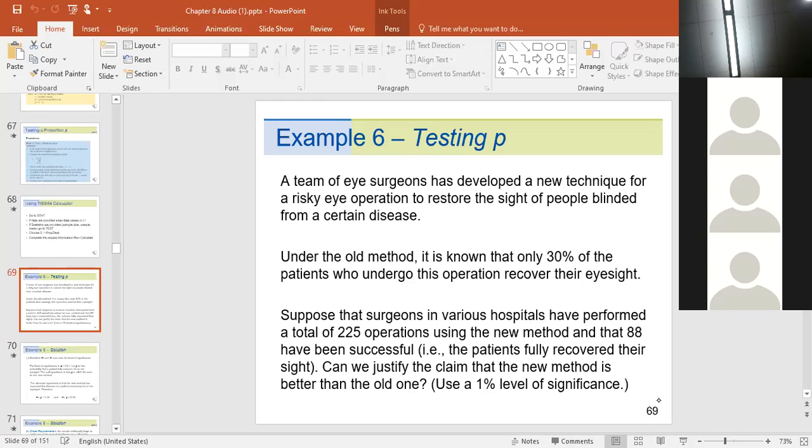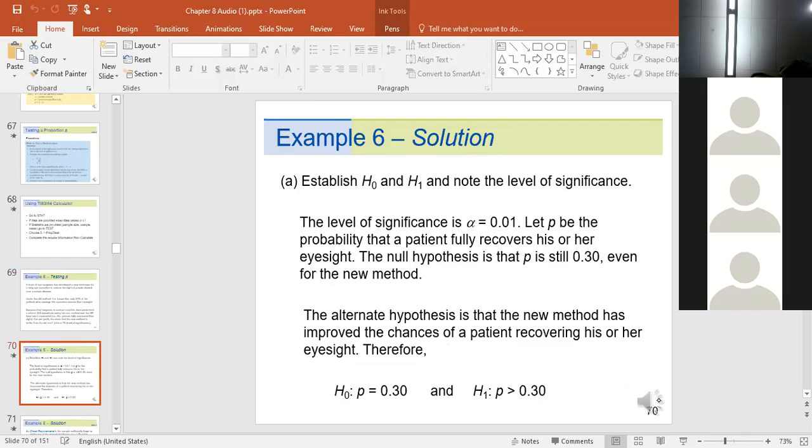So we will use this to find the test value: 0.39 minus 0.3, divided by the square root of 0.3 times 0.7 over 225. You don't have to do all this because you are going to use a calculator. I just want to show you what you are supposed to do if you don't have one. I require that you all have a calculator, otherwise we won't be able to cover everything.